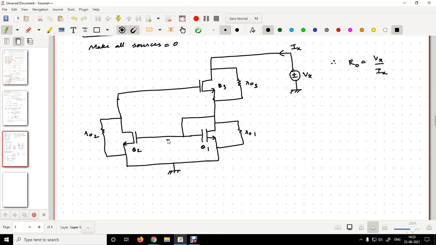This voltage I will call V, and this voltage I will call V. Now, for Q3, if I assume this drain current to be ID, this will also be ID, because gate current is 0. And if this is Ix, this current should also be Ix because there is no gate current.